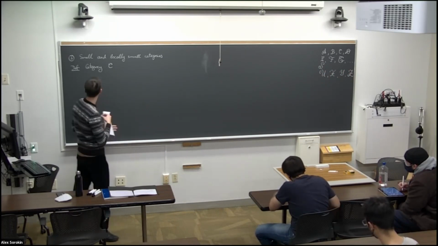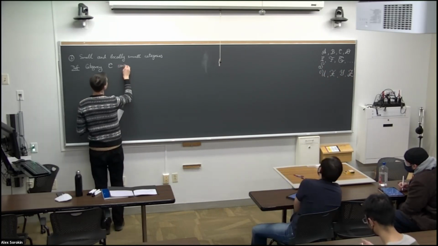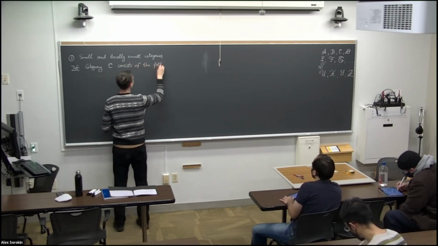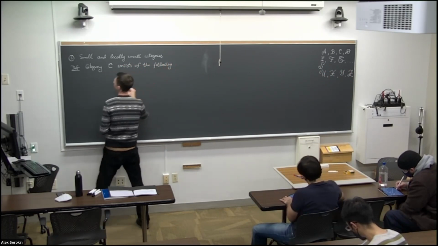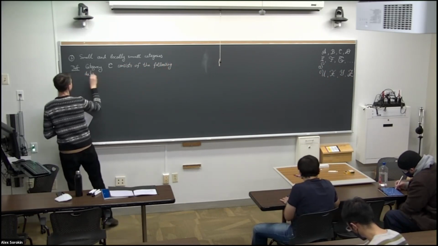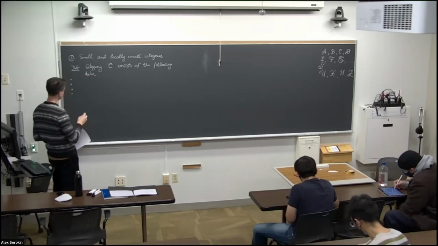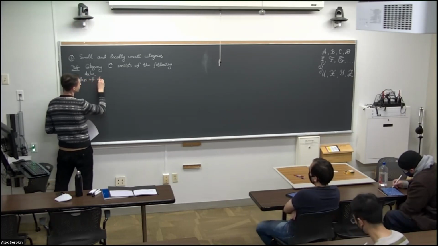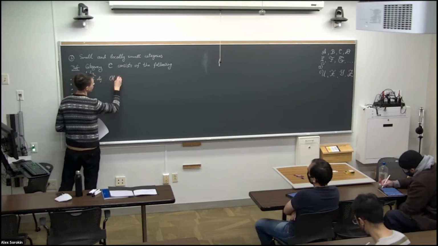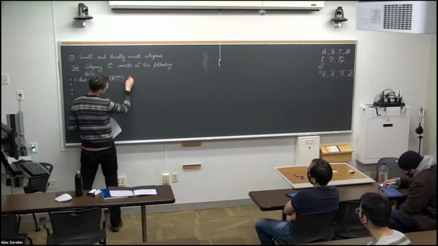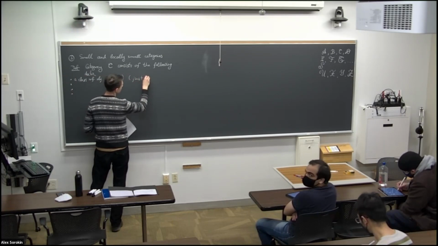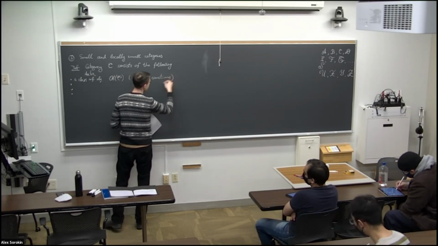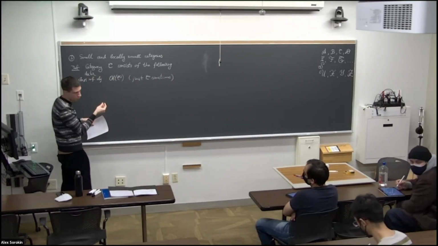Okay, so category C consists of the following data. Now I will write this data. A class of objects, Ob of C, and in parentheses I will write just C sometimes, if we understand that we are referring to objects.